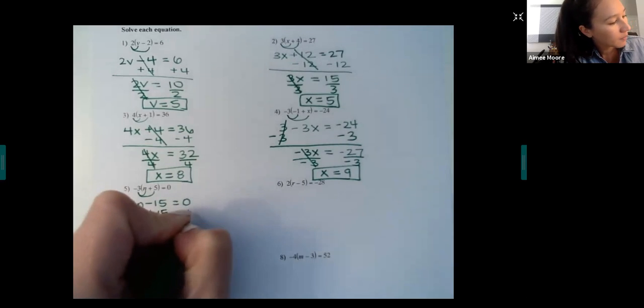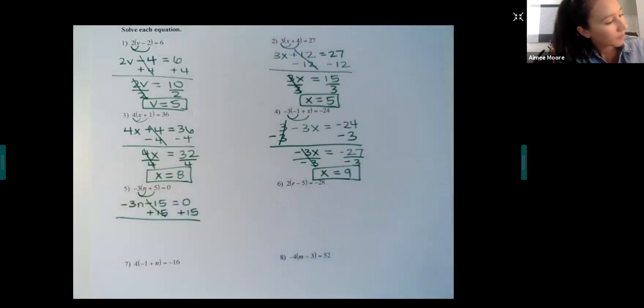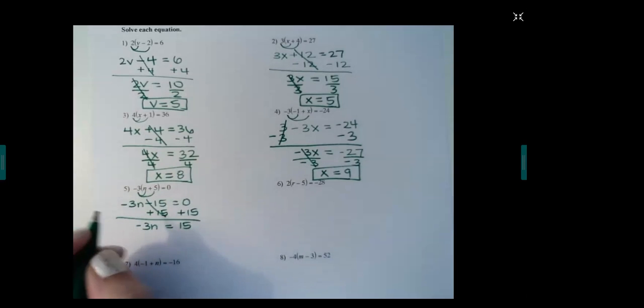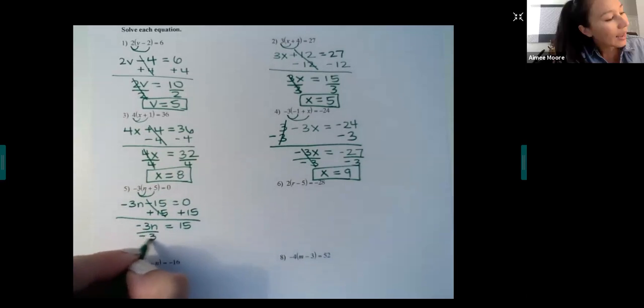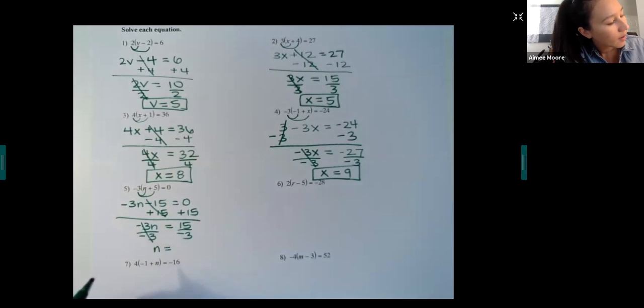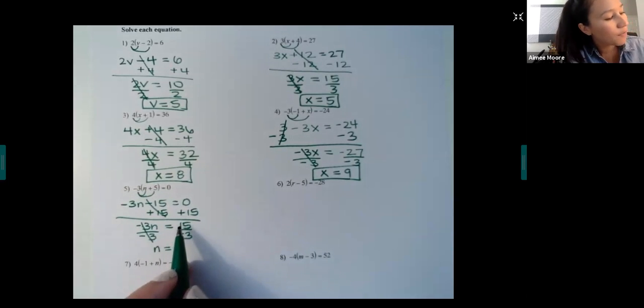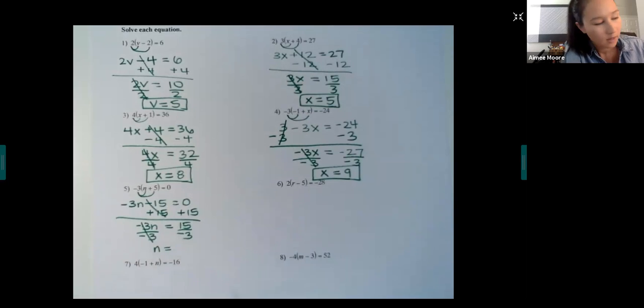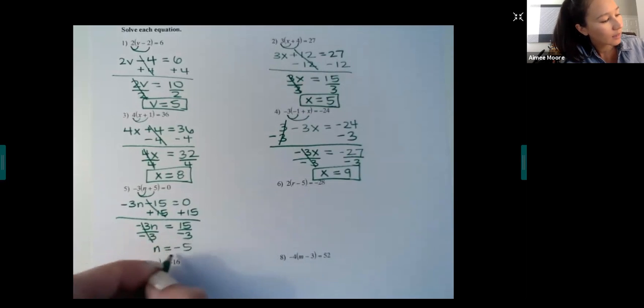And then that cancels out, and the answer is 15. Then divide by negative 3. Yep. So 15 divided by negative 3. What do you multiply negative 3 by to get 15? Negative 5. Yes, excellent.